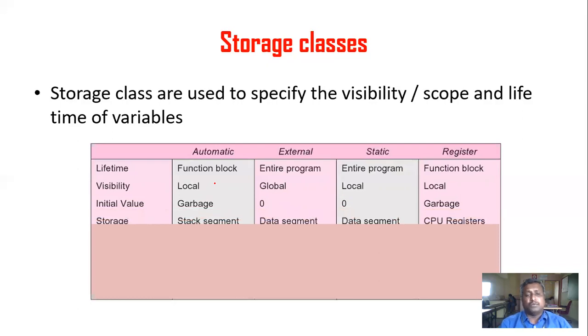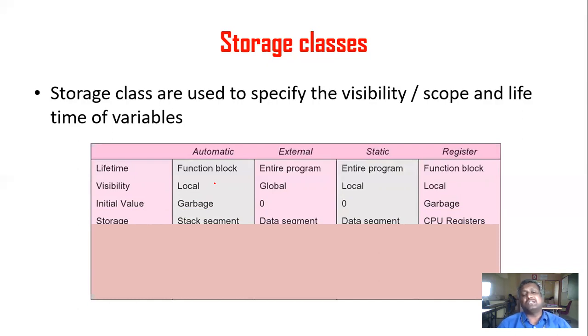Next, the storage: where these values will be stored. If you declare a variable to be automatic, it will be stored in a stack segment. A stack segment is a place where you can store your data using push and pop operations.